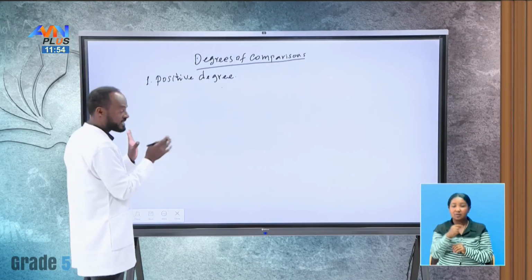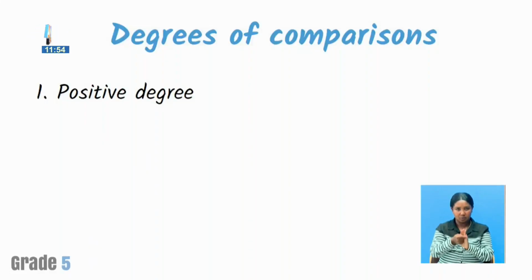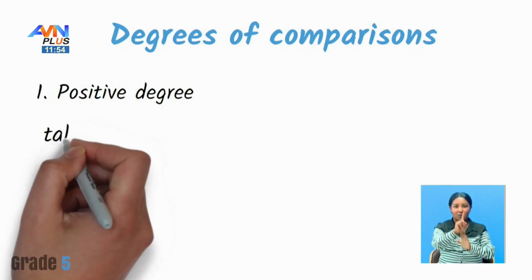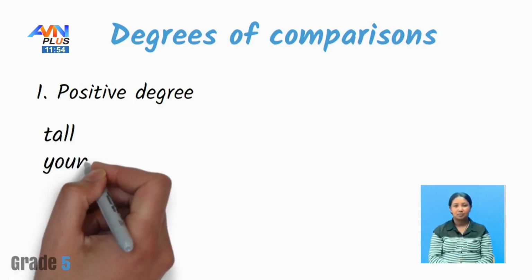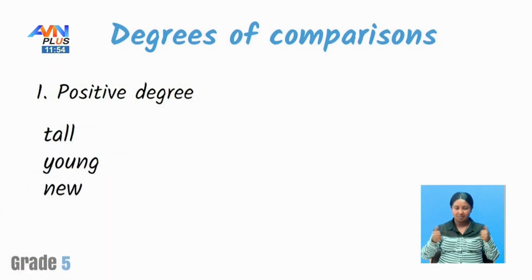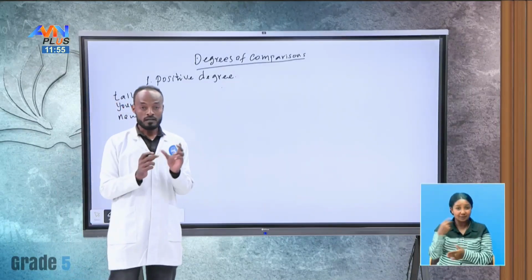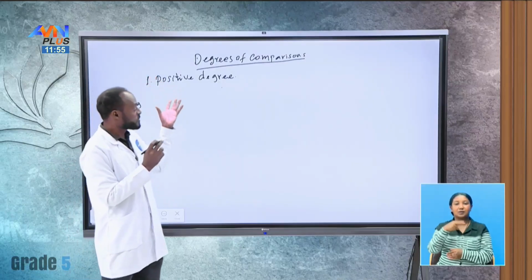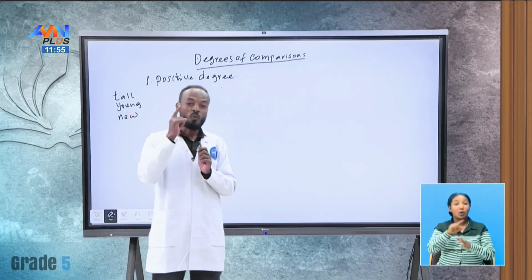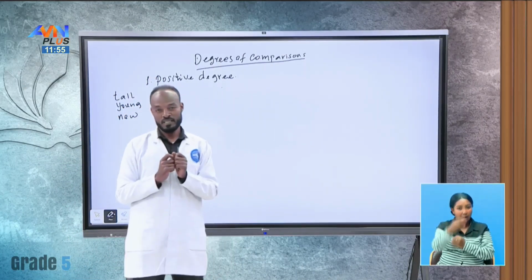The adjective. Example, when we say tall, young, new. These adjectives are used to talk about one single person. Is it clear?